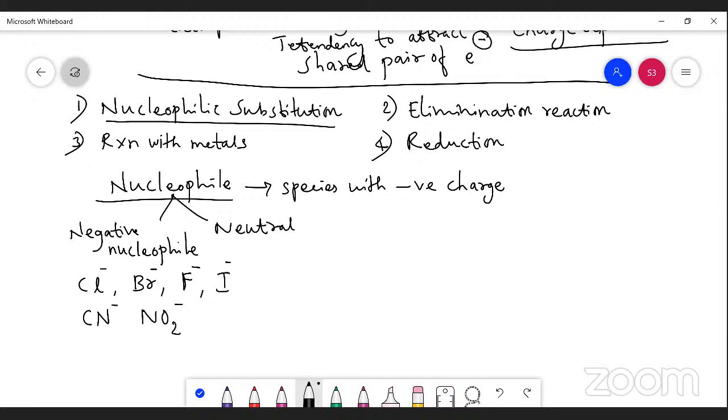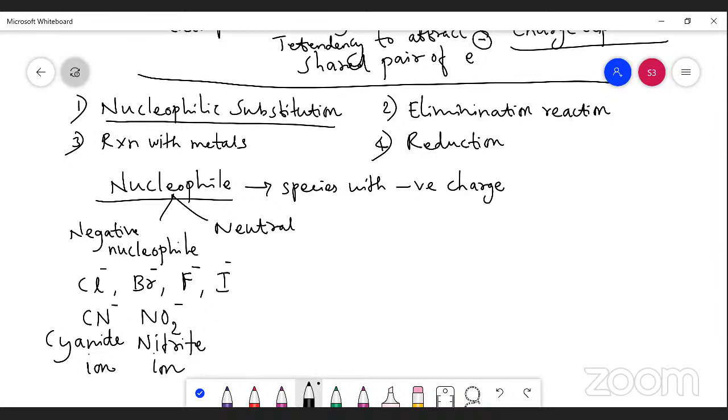This is nitrite, NO2 minus. We know nitrate is also possible, but this is nitrite. So this is an example of a negative nucleophile. A negative nucleophile means it carries a negative charge, so it talks about the electrons.